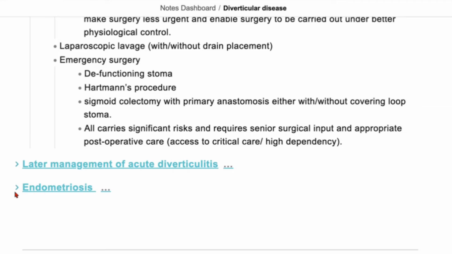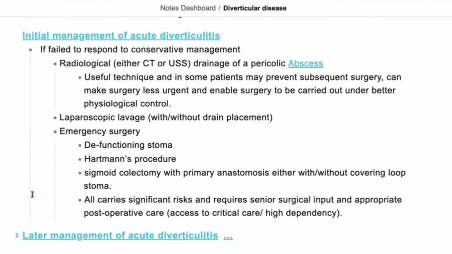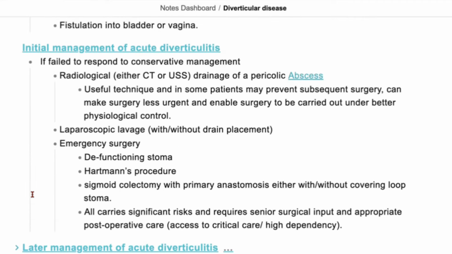All right. So let's talk about endometriosis. What are the theories of endometriosis? So there are 4 theories for endometriosis. The first one is retrograde menstruation, where you get a transtubal migration of the blood from the endometrium into the peritoneum. The second theory is the malignant theory.